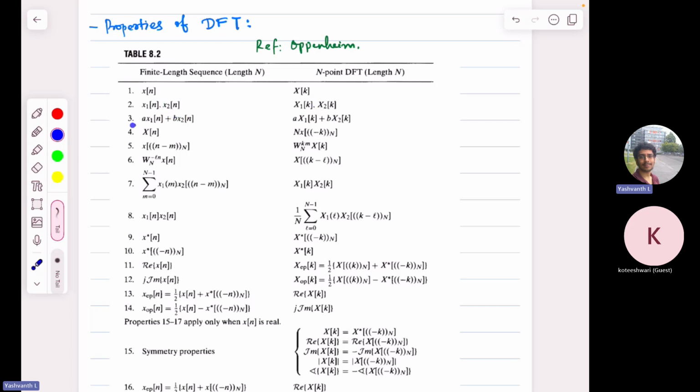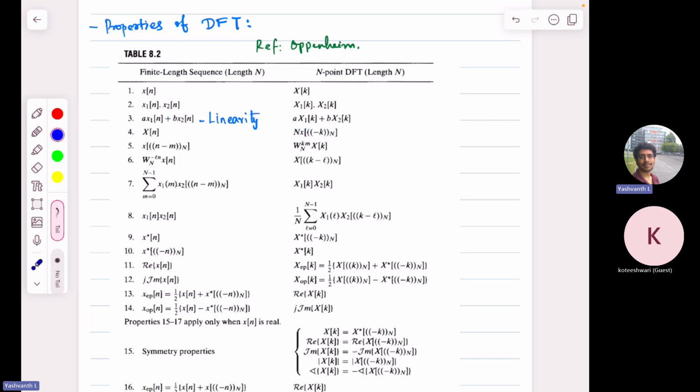The first property is called the linearity property. That is, if I have a times x1 of n plus b times x2 of n, the corresponding DFT is nothing but a times X1 of k plus b times X2 of k.